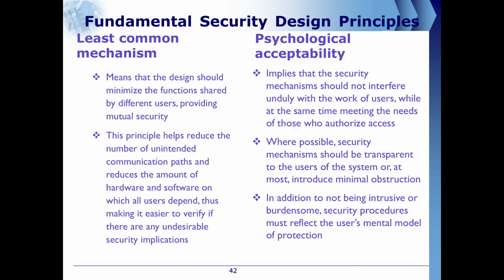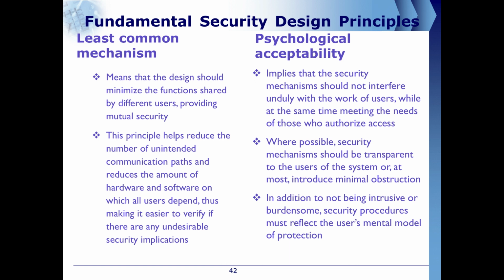Least common mechanism means that the design should minimize the functions shared by different users, providing mutual security. This principle helps reduce the number of unintended communication paths and reduces the amount of hardware and software on which all users depend, thus making it easier to verify if there are any undesirable security implications.